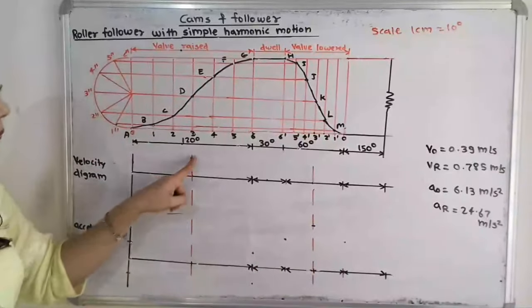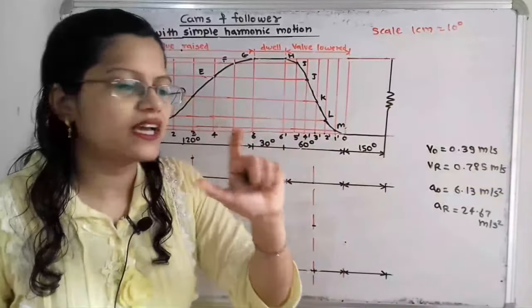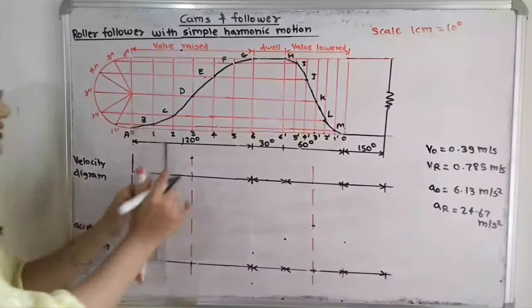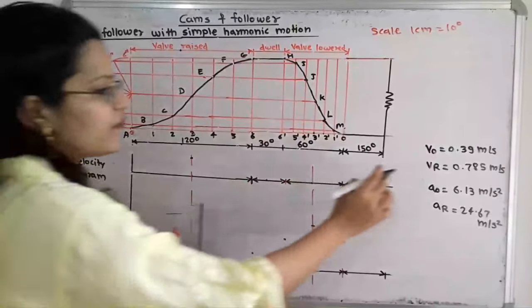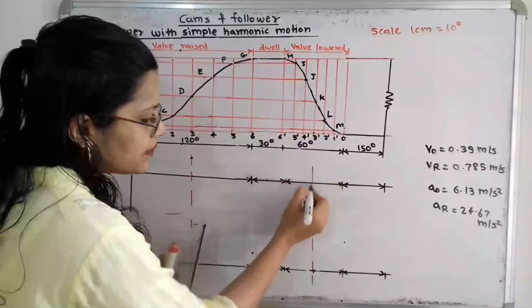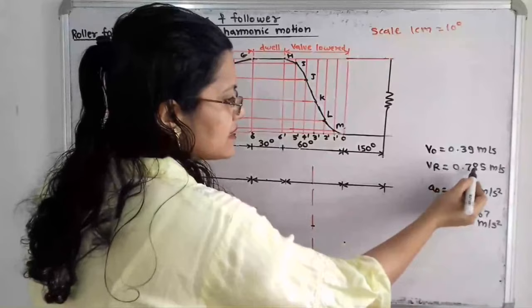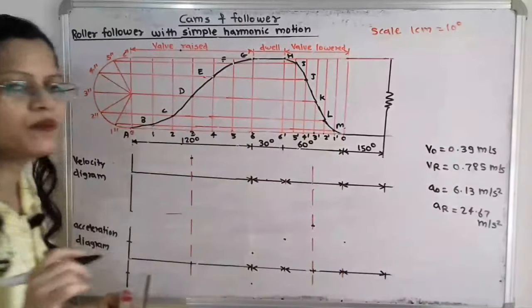So this maximum value 0.39 meter per second, with the help of scale 3.9 centimeter, we have to select the scale and mark one point here. Then in the same way for the return stroke, here is the period of return stroke, and this is the middle point that I have shown with the help of red marker. So we have to take scale 7.85 centimeter and mark one point here.